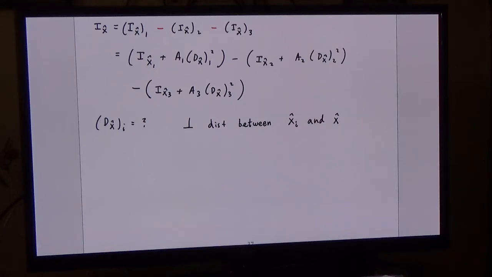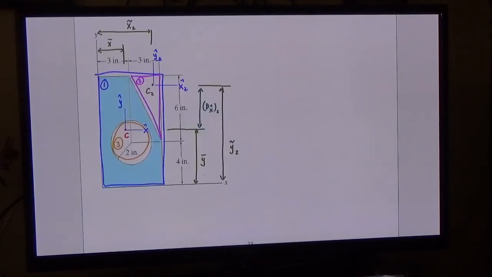So I can generalize this and just say that, for instance, dx hat I, I'll put it down here, is equal to y tilde for the part minus y bar of the body.